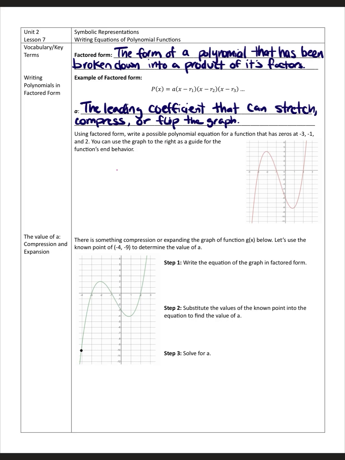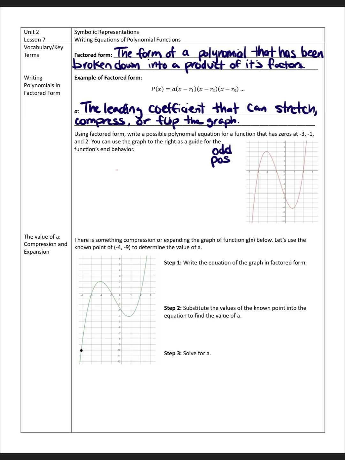Well, this graph starts at the bottom and it goes to the top, okay? We notice that the ends are in two different directions. So it's not like it's both facing up or both facing down. So that means that we have an odd positive, okay?